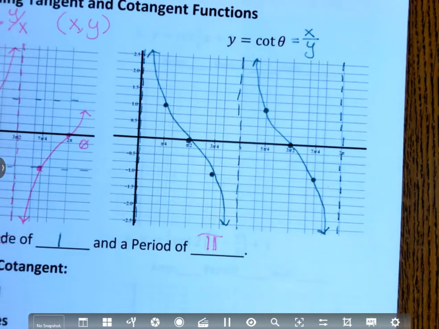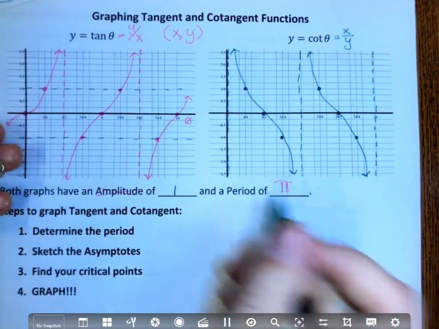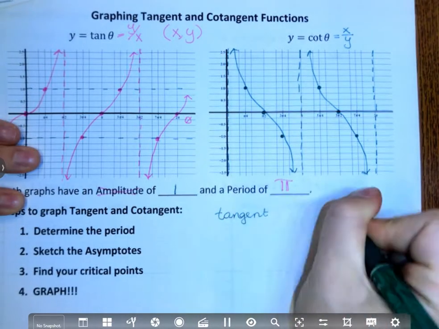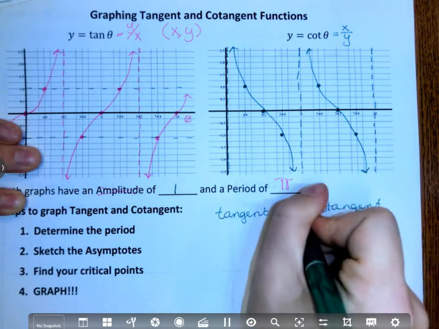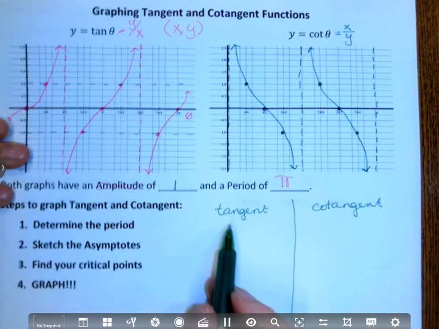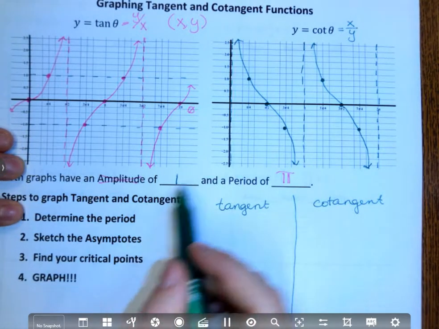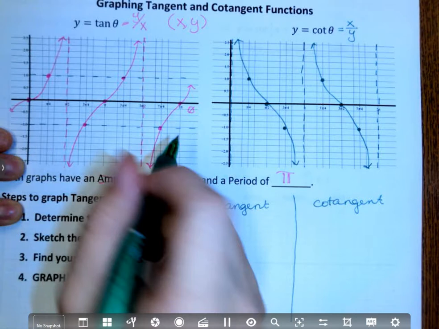Let's list out a couple of differences between tangent and cotangent. Tangent and cotangent are both going to have a period that starts out as what? Pi.